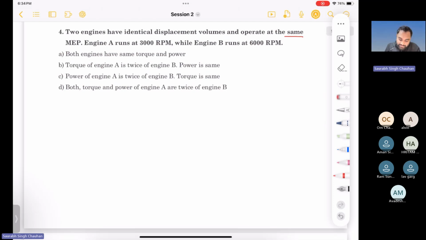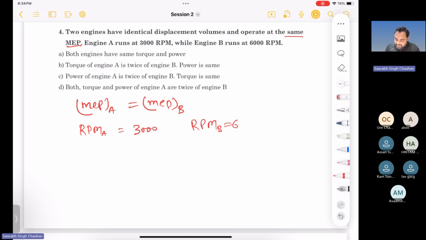So MEP is the same. MEP of engine A is equal to MEP of engine B. RPM of engine A is 3000 and RPM of engine B is 6000.